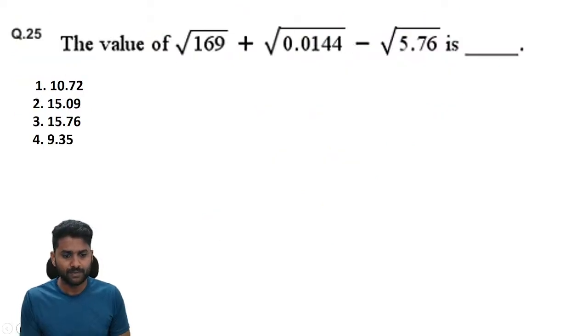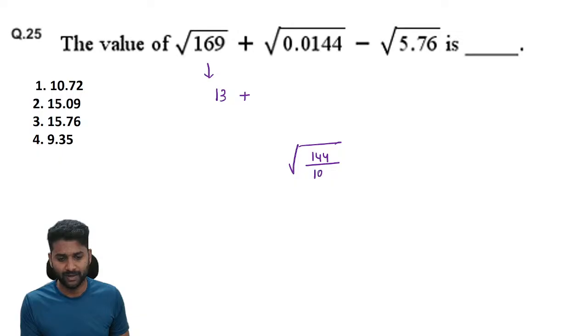Next. So root of 169 is 13. Root of 144 divided by 10,000. Clear? After the calculation, you will get 12 in the numerator, 100 in the denominator. Now the value becomes 0.12. So again 576 divided by 100, again the root.